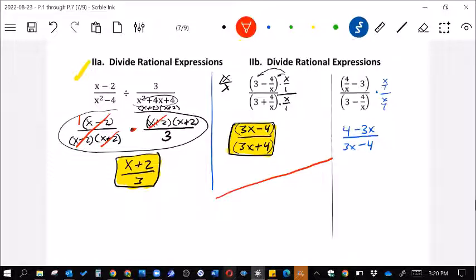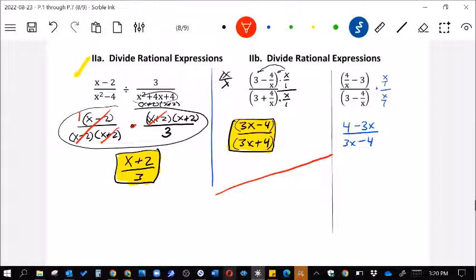Here is mathematically what I'm going to do. Let's take the top one, 4 minus 3x. I'm going to rewrite it. You learned many years ago that every number has a negative inside. So the 4 can be written as negative 1 times negative 4. That is correct, isn't it? Negative 1 times negative 4 multiplies to make a positive 4.